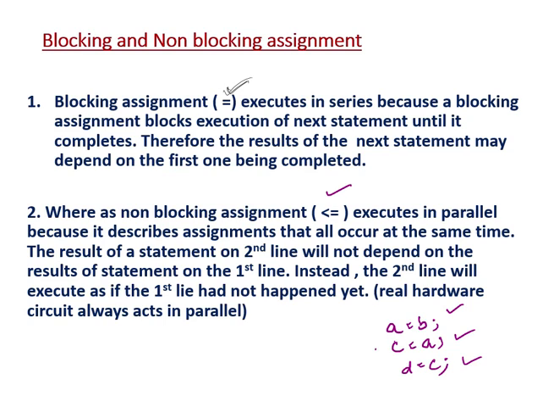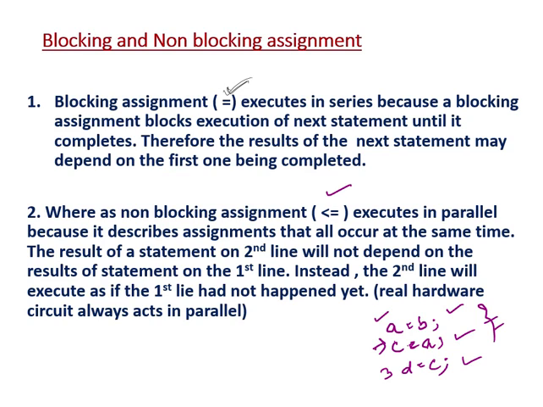Means the second line won't be executed unless and until the first line is evaluated, and the third statement won't be evaluated unless and until the first and second lines are executed or evaluated. So the blocking statement blocks the next statements if the previous statements have not been evaluated.